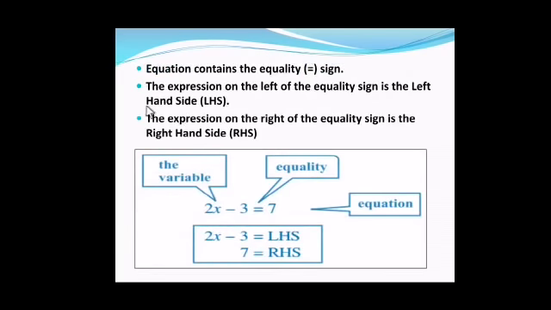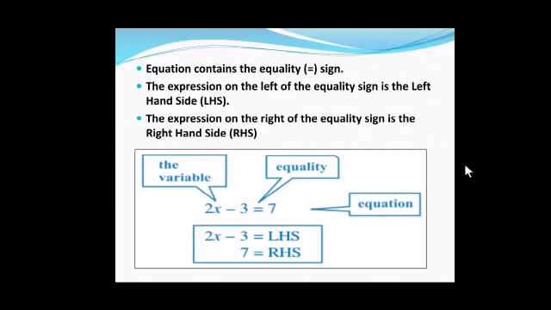Now, what an equation can contain? Equation contains the equality sign. The second point, the expression on the left of the equality is the left hand side, or in short we say as LHS. The expression on the right of the equality sign is called as right hand side, that is RHS.